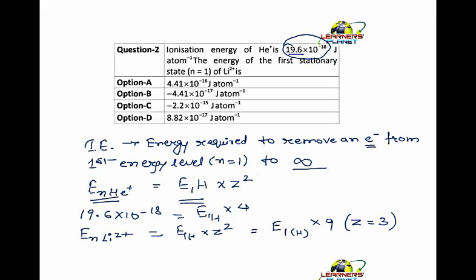So, now here E1H, what is it? If I find out, what I can do here is energy first of Li2+ is equal to, what is the energy of hydrogen? 19.6 into 10 to the power minus 18 divided by 4 multiplied by 9.